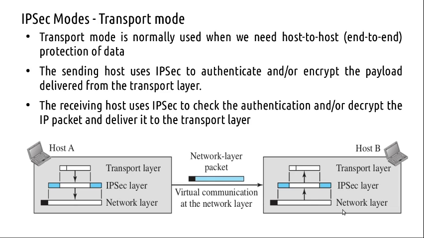Finally it gets to the other end, where the decapsulation process takes place and it is delivered to the transport layer. We have simplified a lot of things here. We are not mentioning encryption, authentication, decryption. All those things will come later, in the next class.